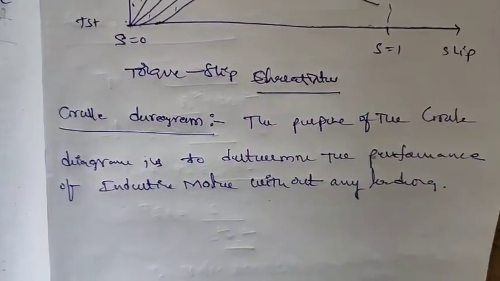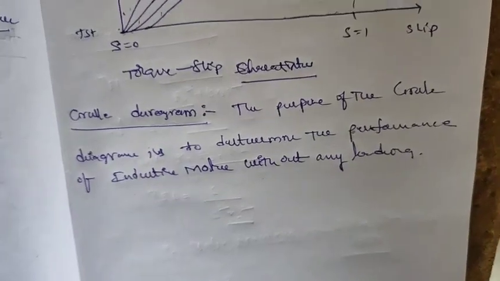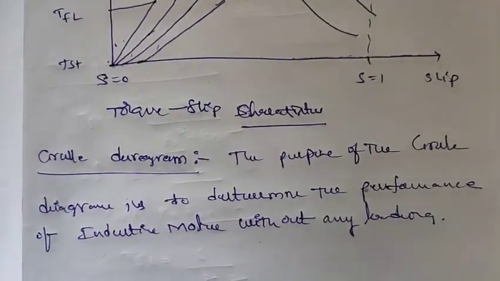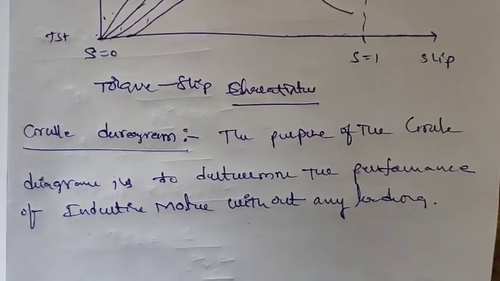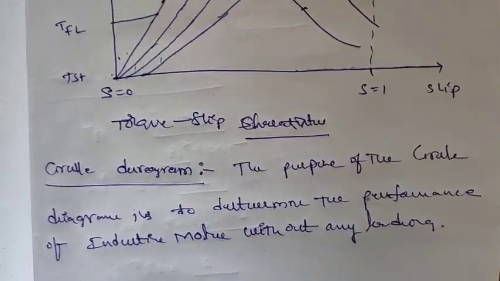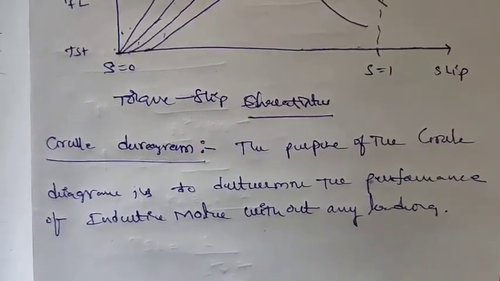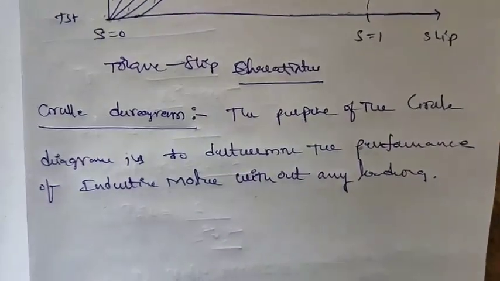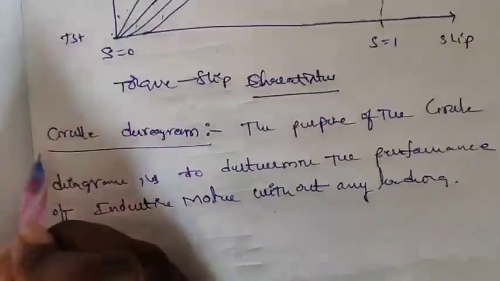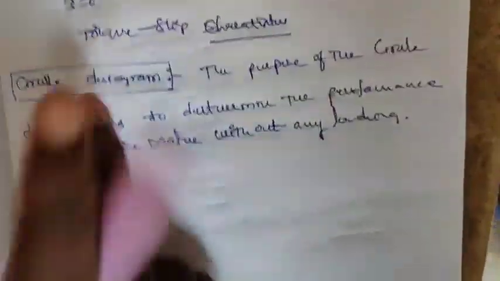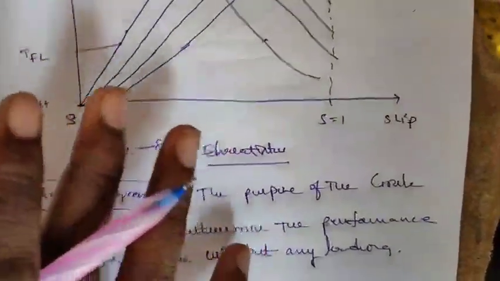The circle diagram is a very important topic to determine the efficiency, starting torque, maximum torque, the condition for slip, and whatever parameters affect the induction motor. That can be determined by using the circle diagram. In this the motor will not be loaded.